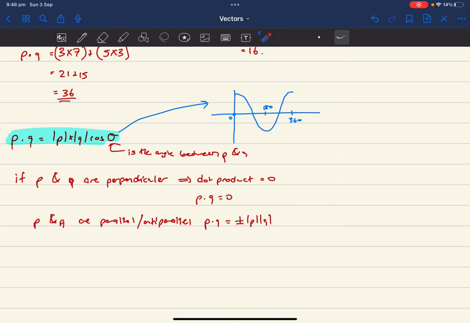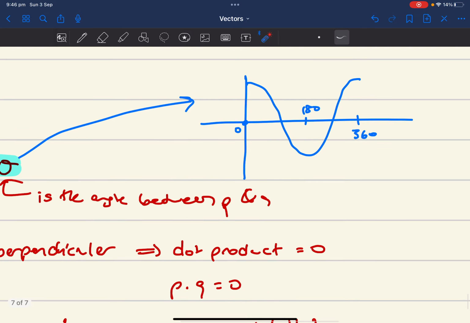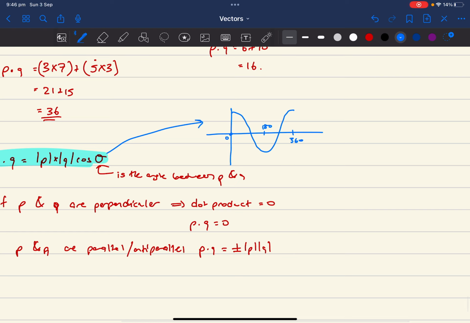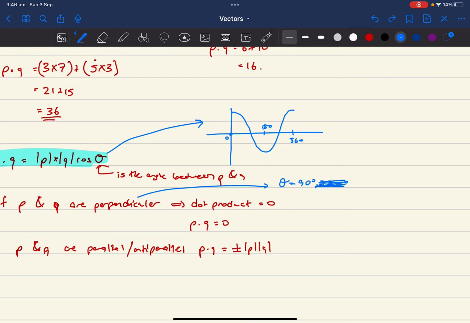And I can see at 90 degrees, cos theta is 0, and at 270 also. So when they're perpendicular, theta equals 90 degrees or 270 degrees. 270 is not too useful, but I'll just keep it there. Usually it's just 90 degrees.